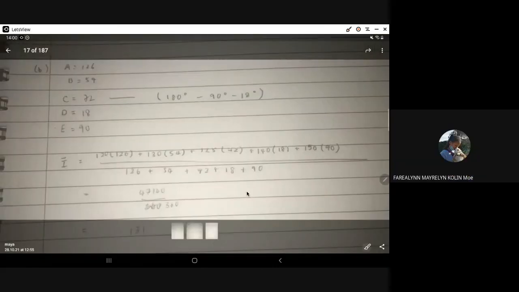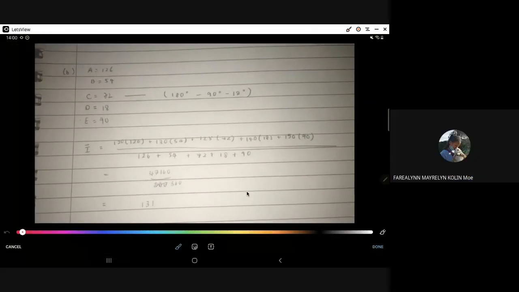So B. For B, the question asks to find the composite index. So the formula is price index times weightage over sum of weightage. From the circle, we can know that A is 126, B 54, C 72, D 80, and E is 19.